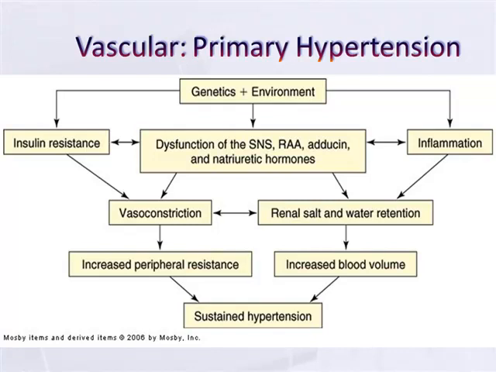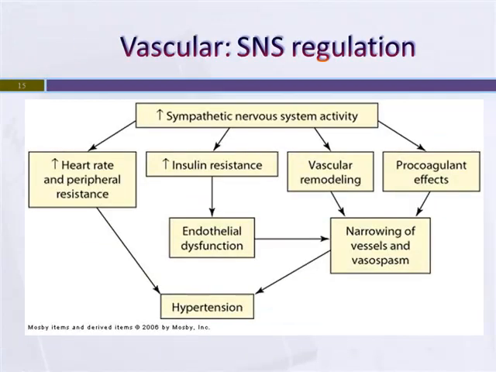A dysfunction of the sympathetic nervous system, the renin-angiotensin system, and some other hormones cause sodium and water retention that increase volume, which also leads to increased blood pressure. And also there's some inflammatory processes going on, even in high blood pressure, something that we don't normally think of as an inflammatory disease. It's got inflammation too, and we just talked about that with atherosclerosis, if nothing else.